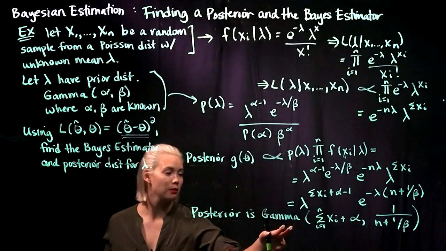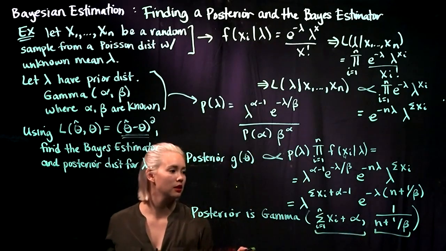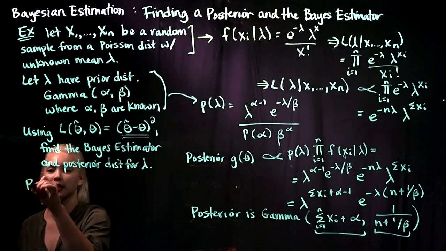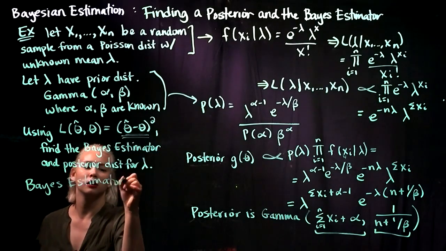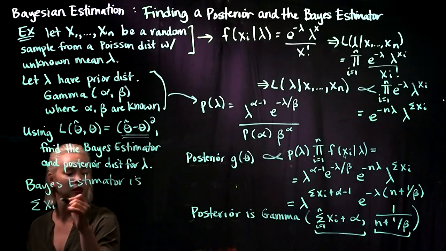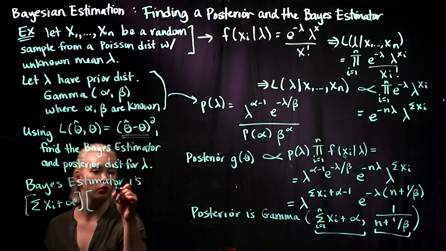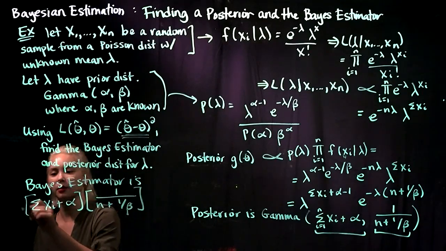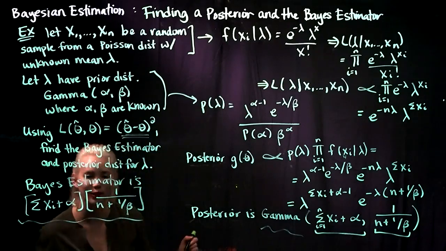The mean of a gamma distribution is just the first parameter times the second parameter. So our Bayes estimator is the sum of the x's plus alpha, times 1 over (n plus 1 over beta). There's our Bayes estimator, and here's our posterior distribution.